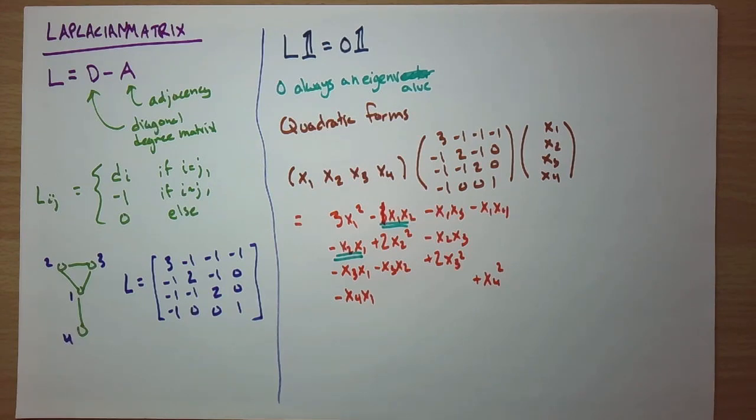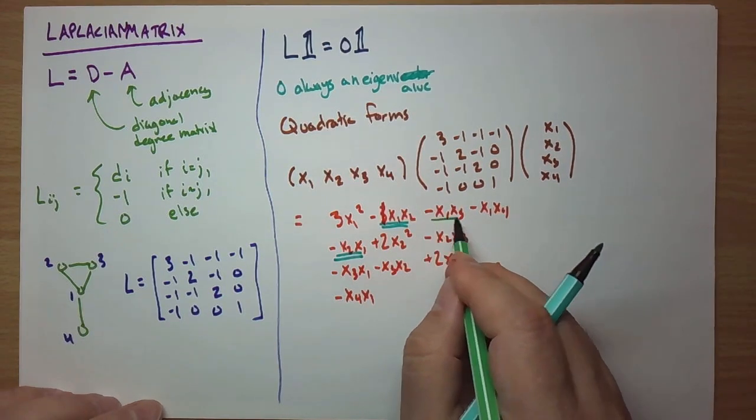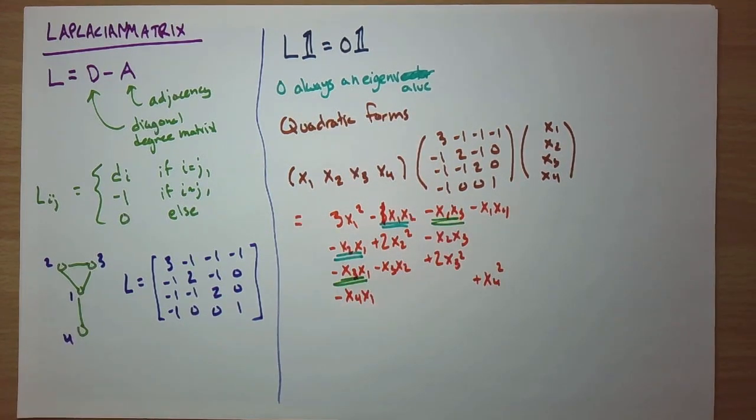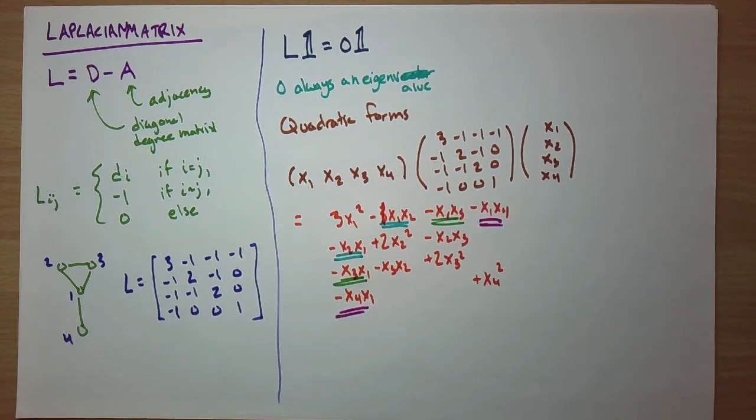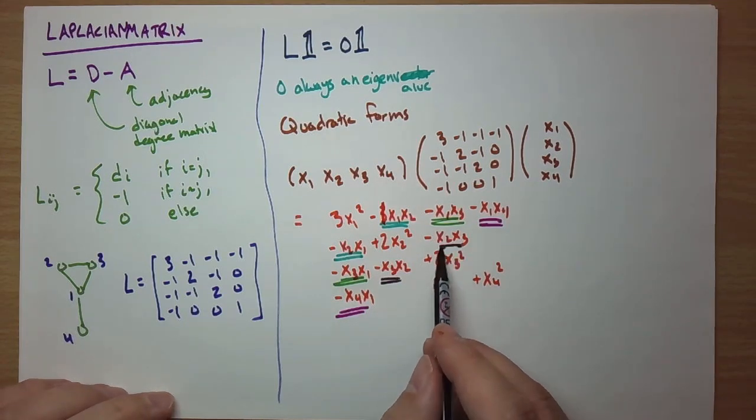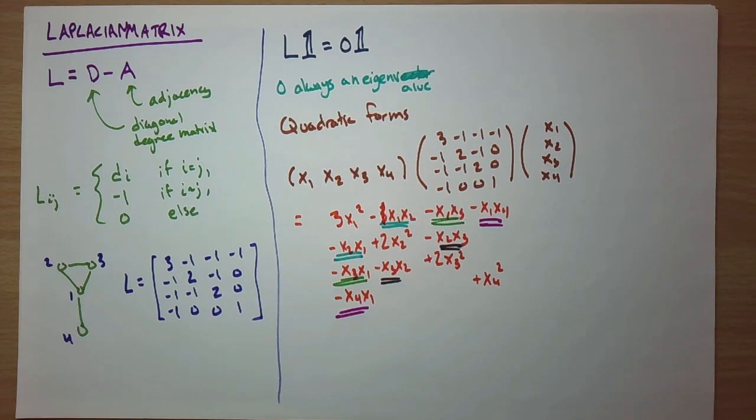And the x1, x3 combines with the x3, x1. I run out of colors very quickly. The x1, x4 combines with the x4, x1. And the x3, x2 combines with the x2, x3. All right, well, that helps.